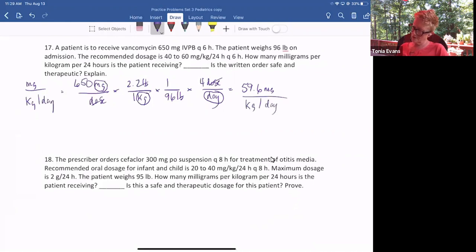I was like, what is that noise? It's a child. Okay, so our milligrams per kilogram per day that the patient is receiving is 59.6. That falls within our safe and therapeutic range, so yes.